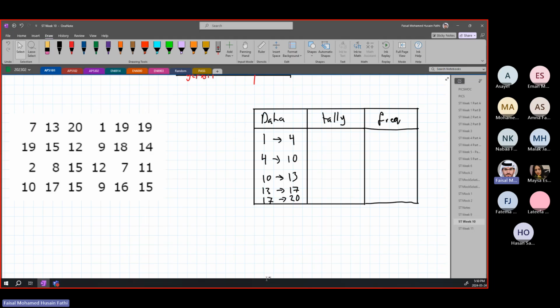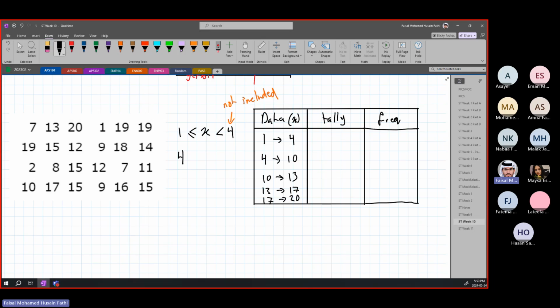So when we're saying 1 to 4, what is important to understand here is when you're writing a range this way, let's say this is data for X, all right? This basically means X is greater than or equal to 1 and less than 4. So the 4 is not included in this row, okay? This is a very important point. Why is this the case?